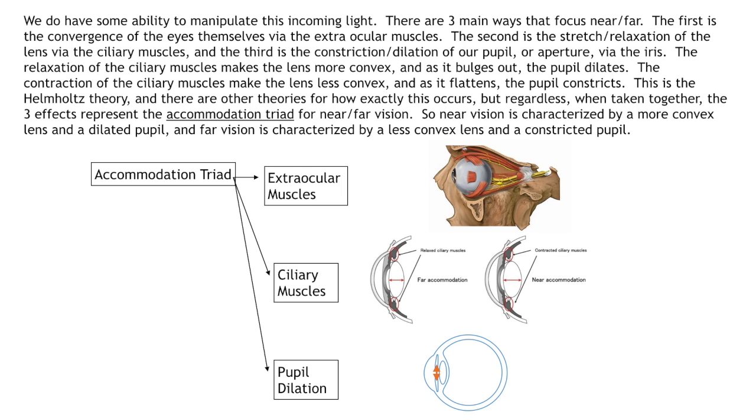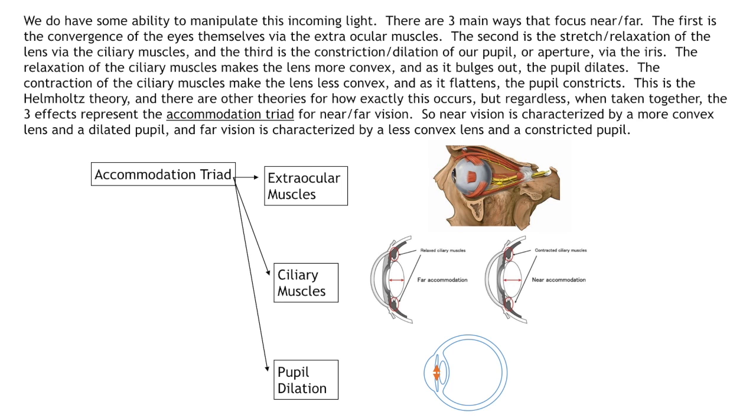So near vision is characterized by a more convex lens and a dilated pupil, and far vision is characterized by a less convex lens and a constricted pupil. And this is called the accommodation triad. Again, here are your extraocular muscles. There are several of them that attach and fix the eye and allow the eye to converge an image.